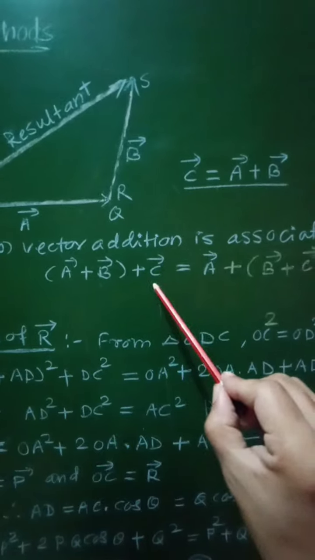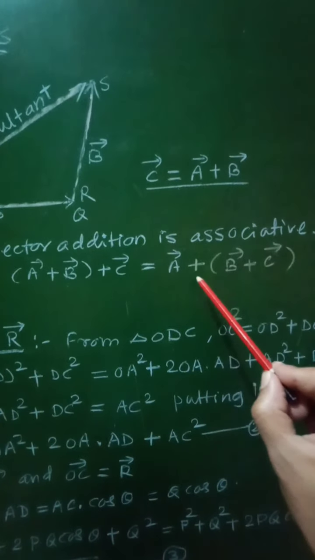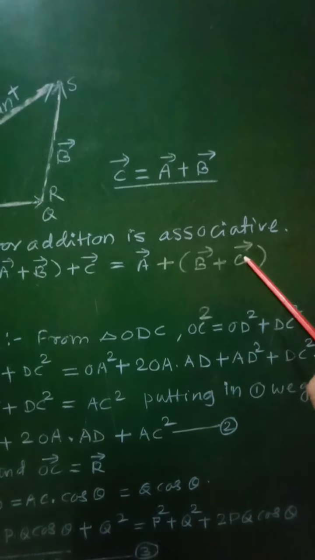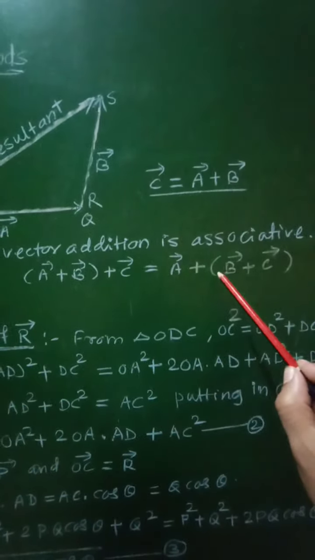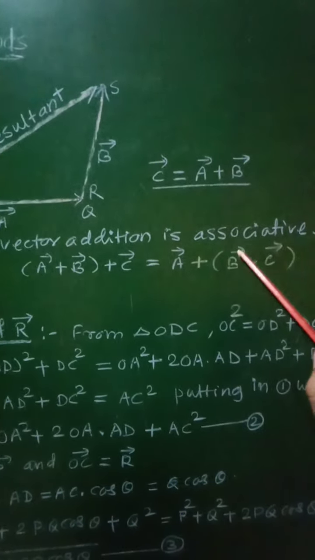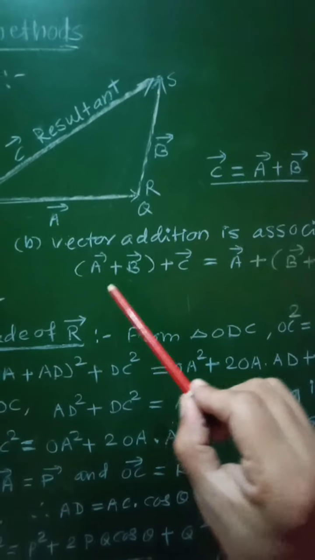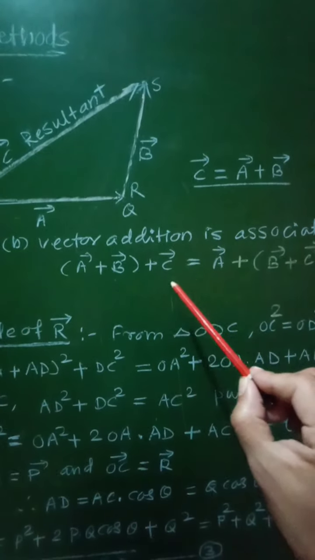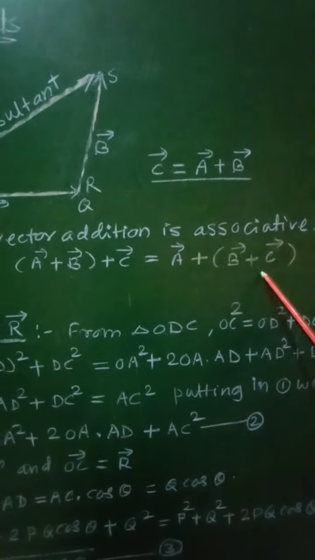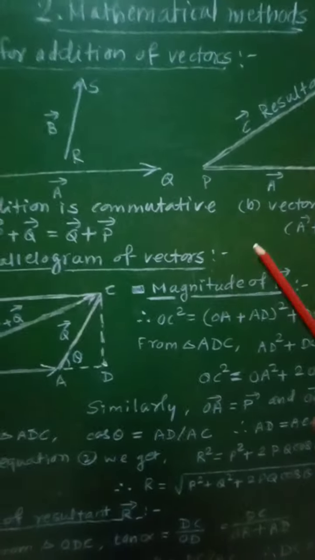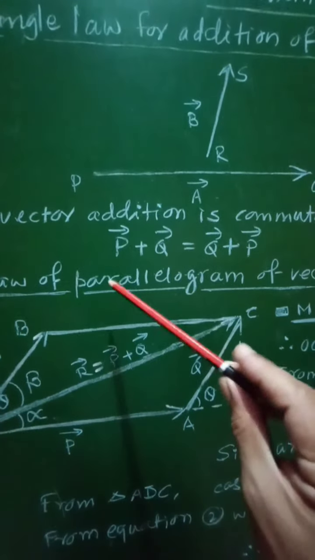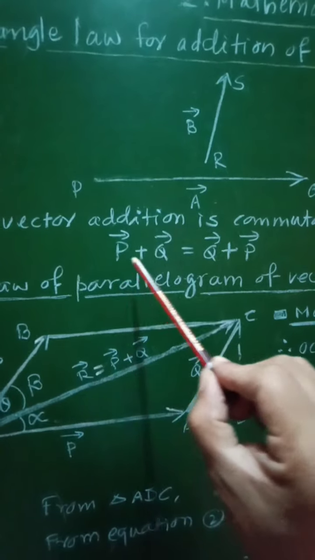This will be the same as vector A added to the sum of the two vectors B and C. This represents the associative property: vector A plus vector B plus vector C will be equal to vector A plus vector B plus vector C.